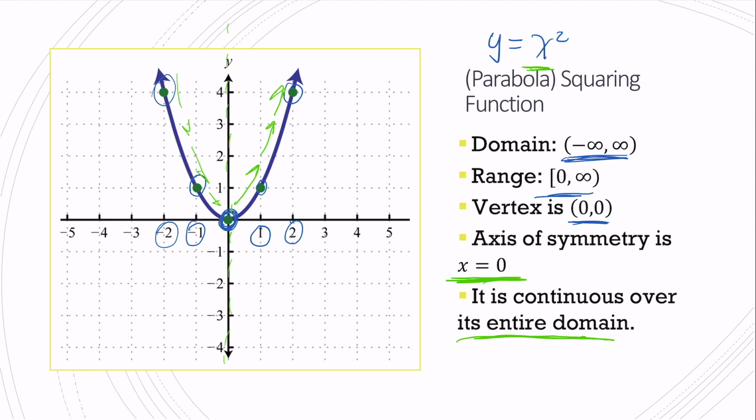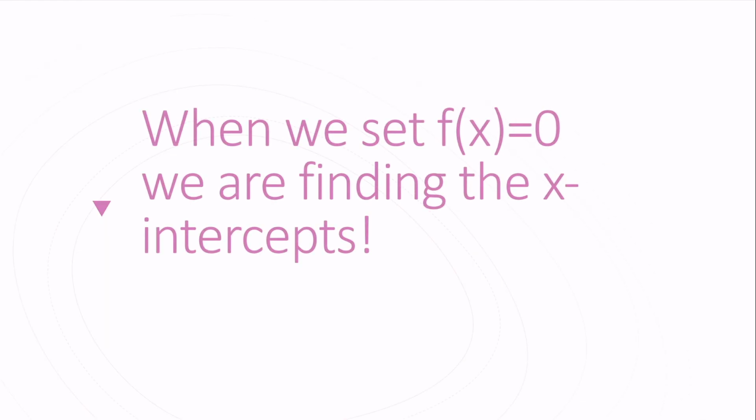So here's something we haven't talked about a ton, which is when I have a function and I set it equal to 0, when I let y equal 0, we're finding the x-intercepts. And we saw this with linear equations in Module 2, and we're going to do this as well in Module 8.